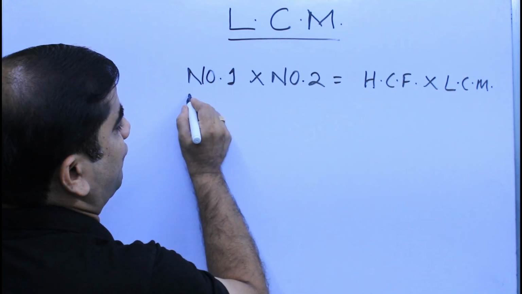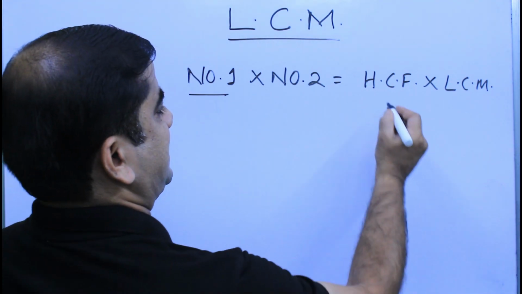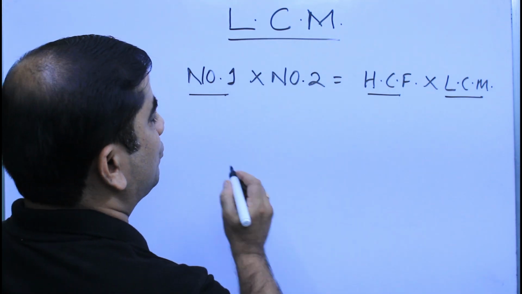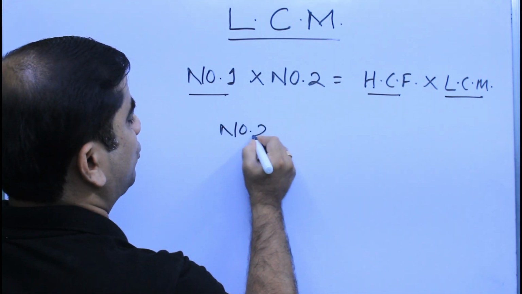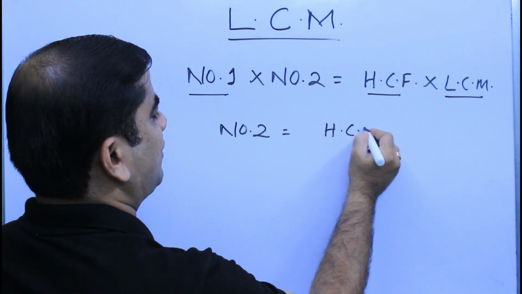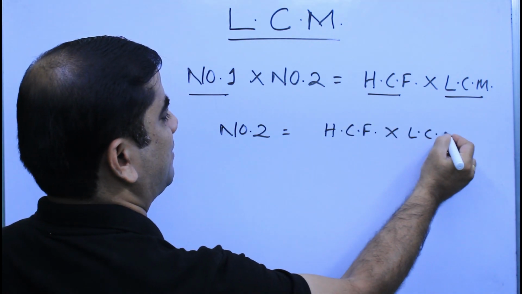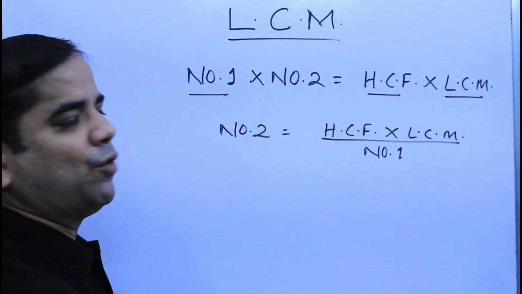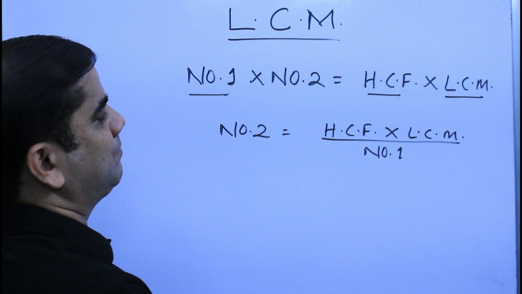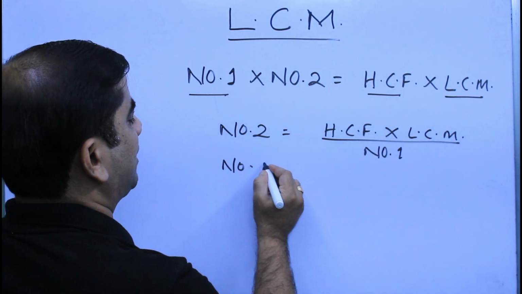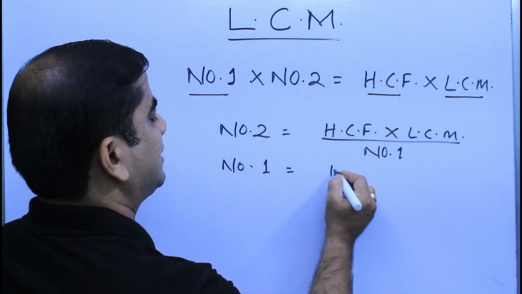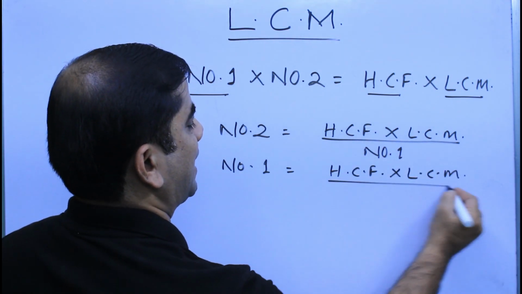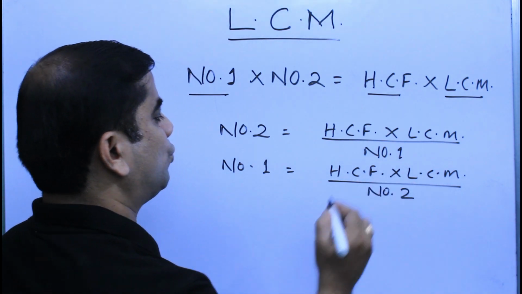For example, if the value of number 1 is given, and HCF and LCM are given, we can find out number 2 using the formula number 2 is equal to HCF into LCM divided by number 1. Same way, if number 2 is given, then we can find out number 1 as HCF into LCM divided by number 2.